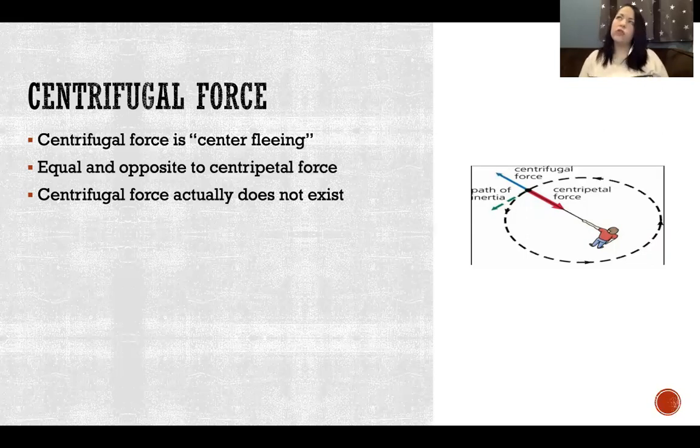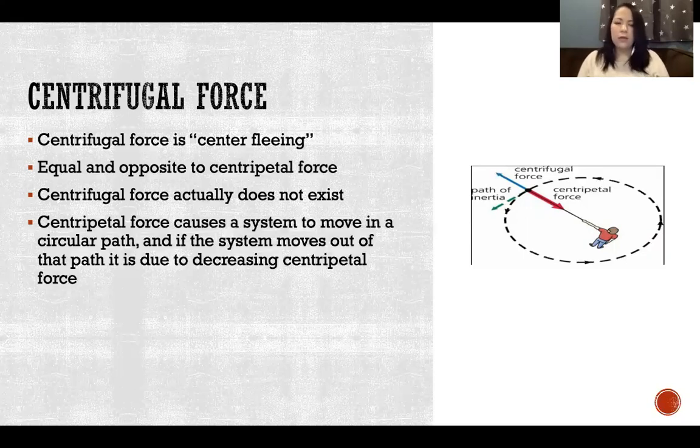Like with centripetal, where we use it as an adjective to describe another force, we couldn't ever call a force centrifugal. There is no force that's acting opposite the centripetal force in terms of causing motion to be in a center-fleeing way. Instead, what's happening is there's less centripetal force.